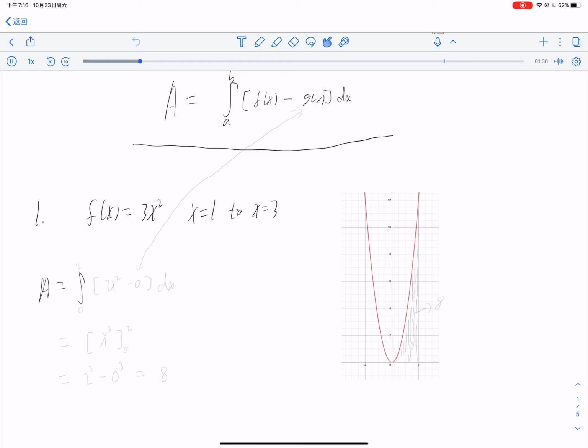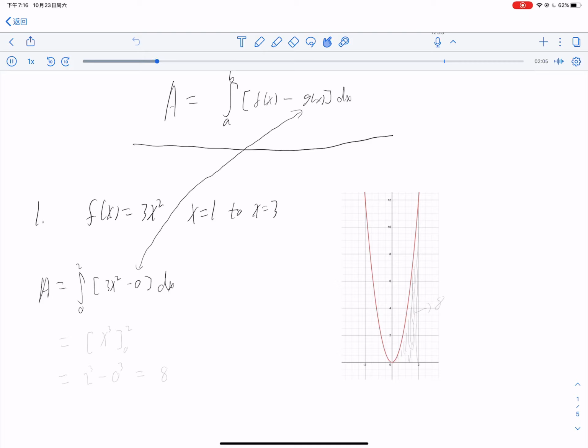We can just do from 0 to 2. I can draw on the graph later. So the integral from 0 to 2, and let's do a large bracket, 3x squared minus 0. Because there's not another function, you can put 0 inside of g of x. So this 0 is for g of x.